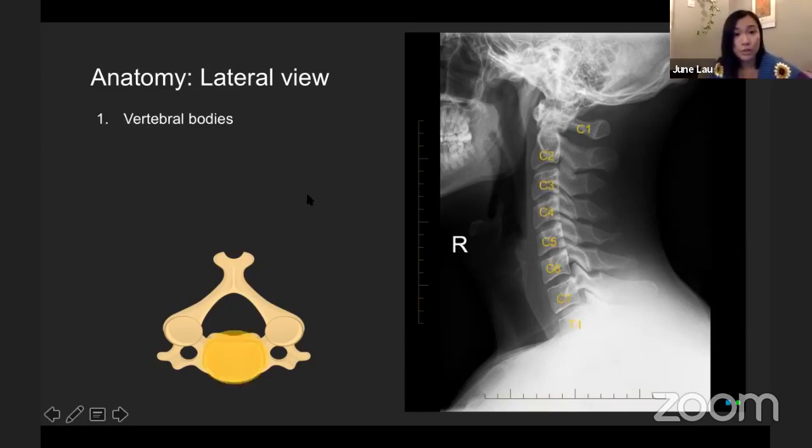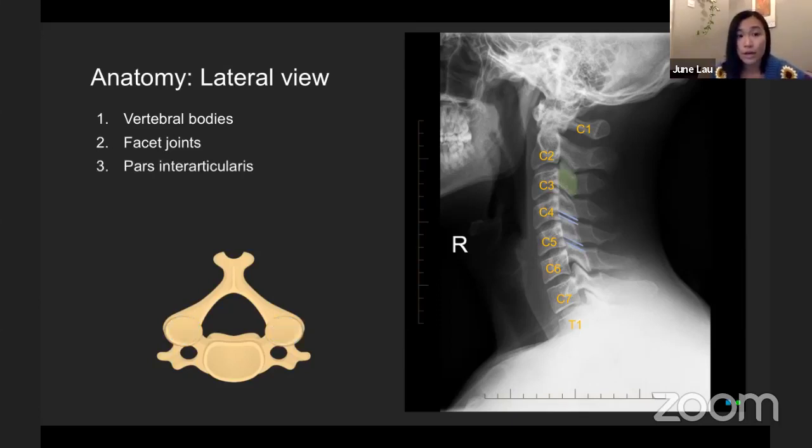you've got your vertebral bodies. I often find C2 is the easiest vertebra to identify, and then you can count downwards. An adequate C-spine X-ray should allow you to visualize the top of T1. You've got your facet joints, so these give your C-spine the movement. Then you've got a portion called the pars interarticularis.